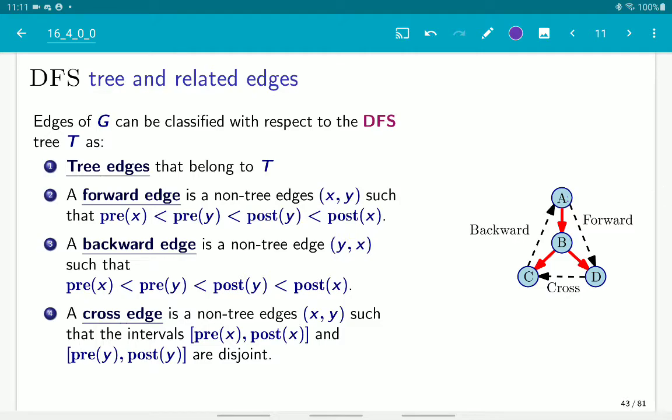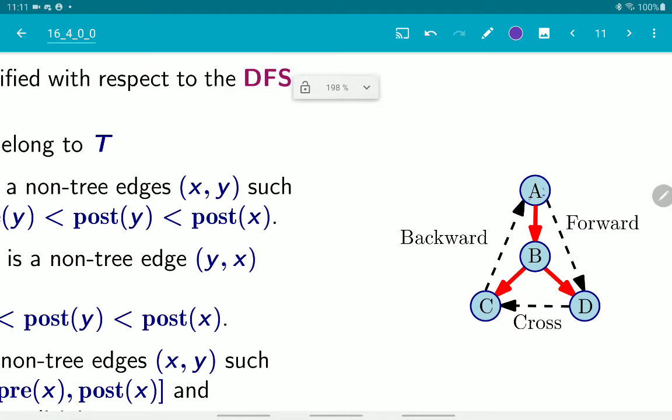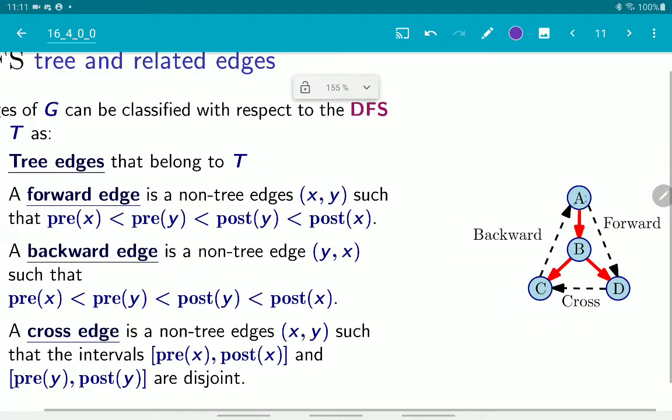And the nice thing is that for an edge, we can immediately decide what the type of the edge is by looking at the time intervals, okay? So a tree edge, we just know it's in the DFS tree and we mark it as such.